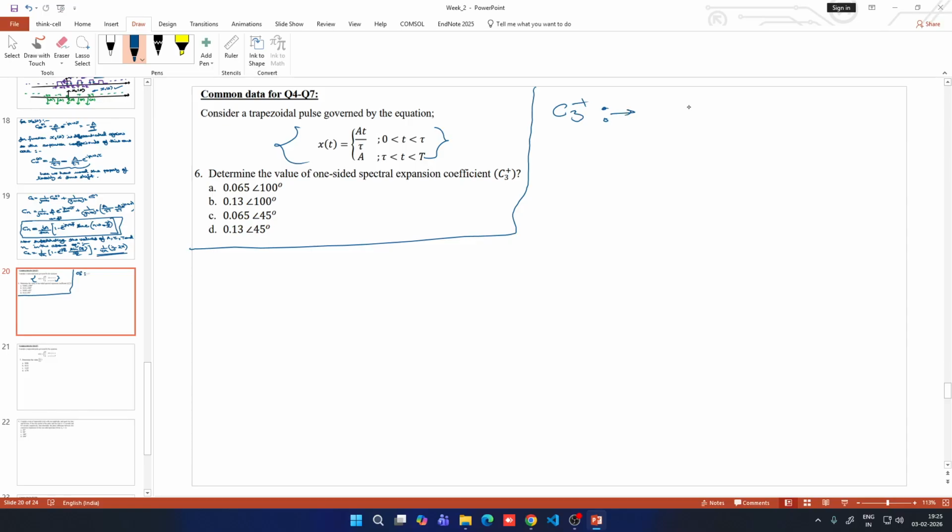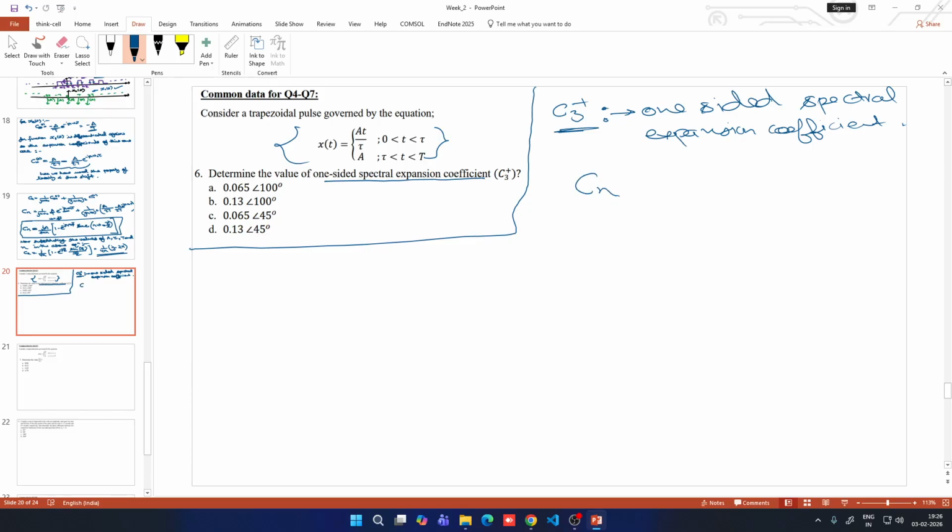Here the superscript plus means it is one-sided, the positive side, one-sided spectral expansion coefficient.